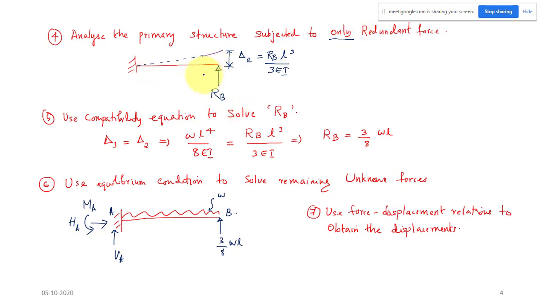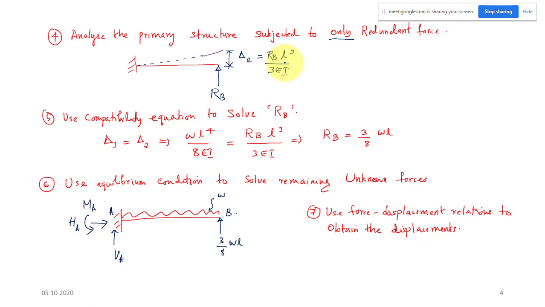I am applying the point load RB, and again the analysis outcome is going to be a deflection at this point. If you have a point load at the free end of the cantilever, you have the equation WL cubed by 3EI, so RB L cubed by 3EI. Now the next step is that we are using the force method to analyze your beam.